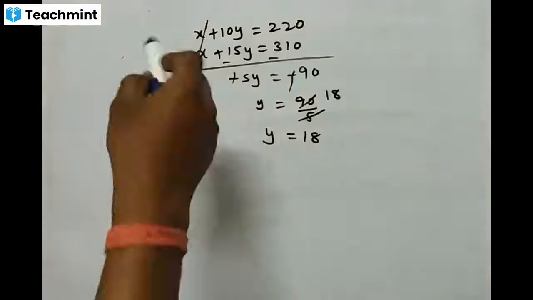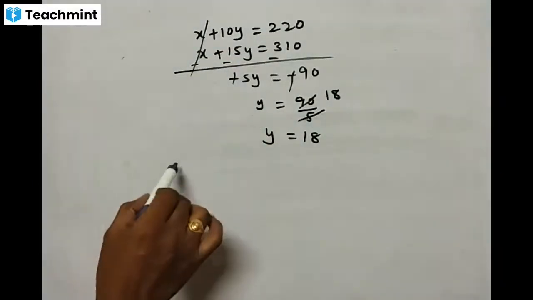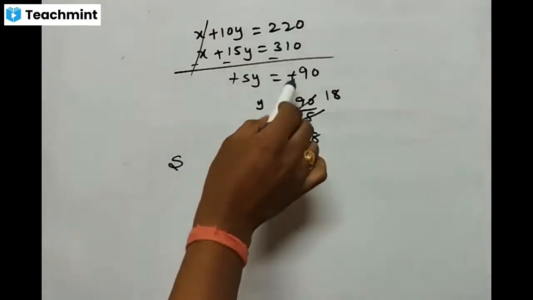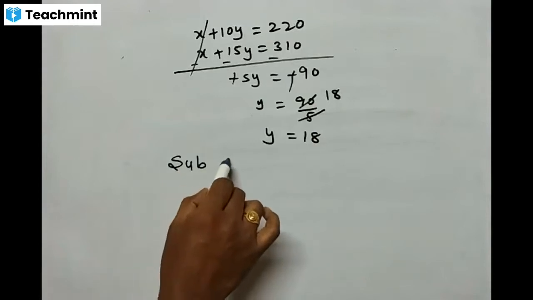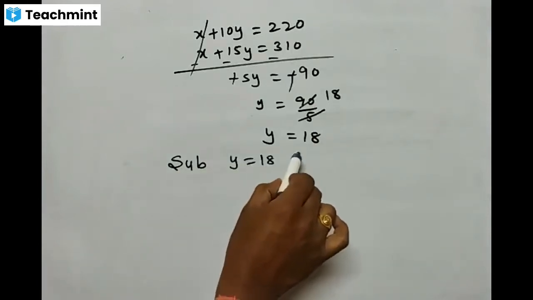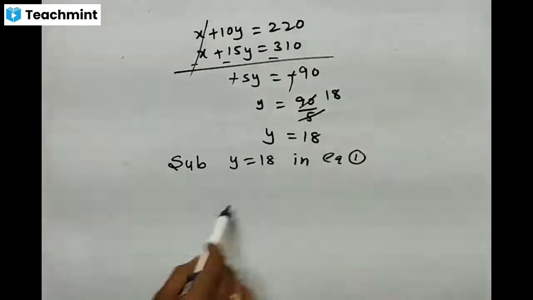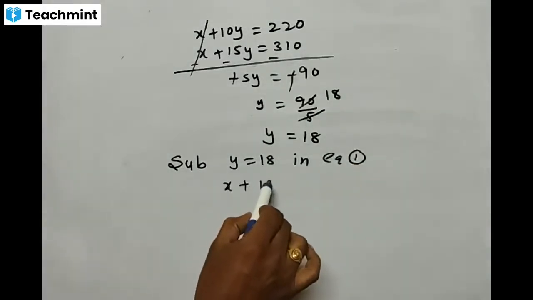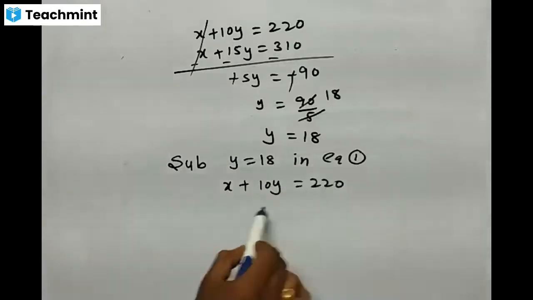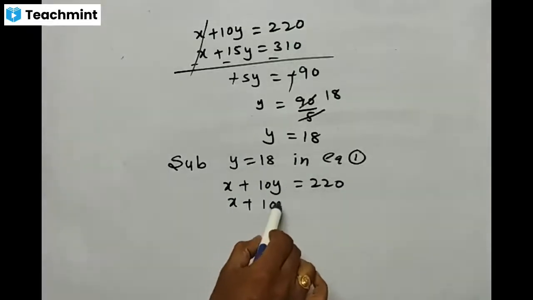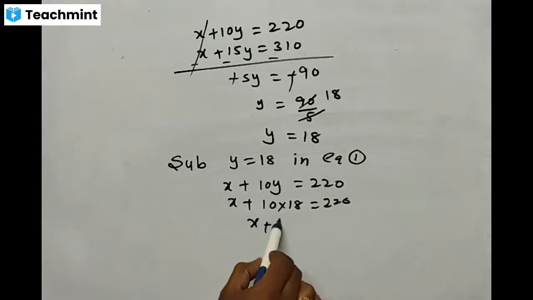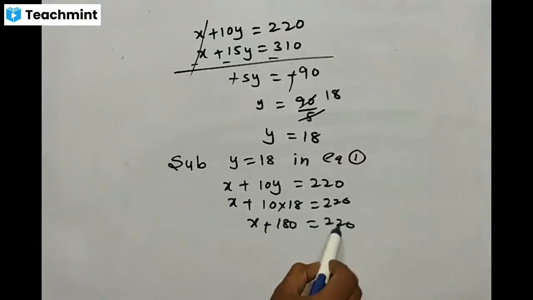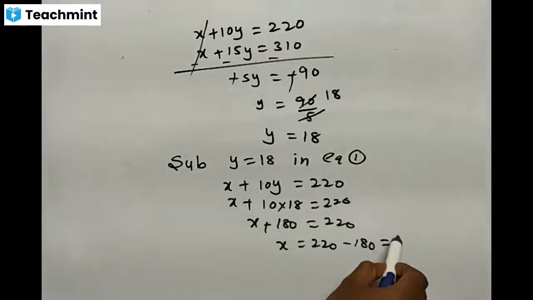Next, you substitute 18 in the first equation or second equation, sir, you will get X equals 220 minus 180. So 40.